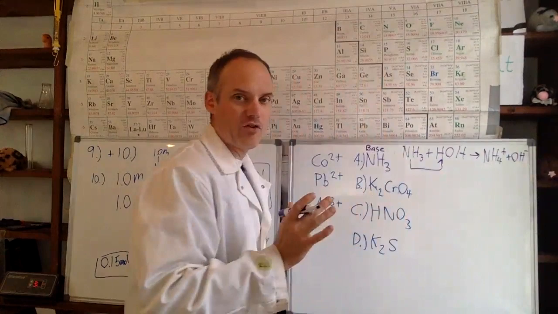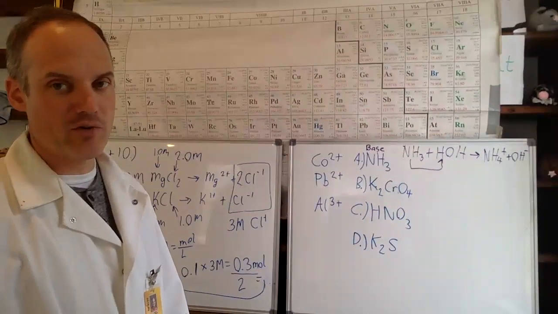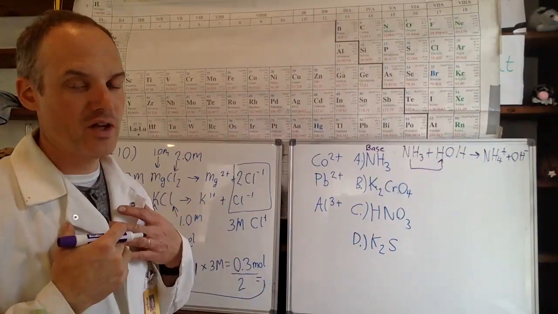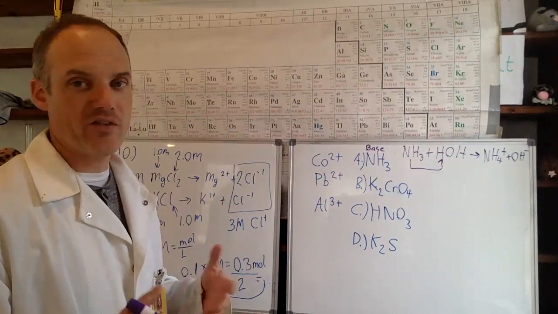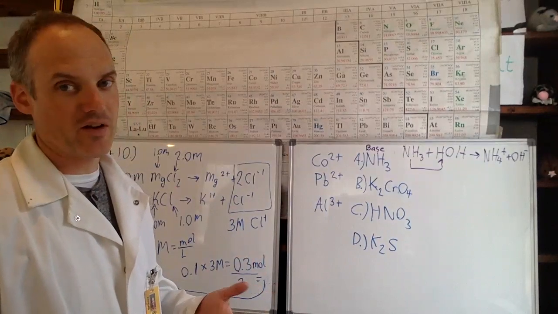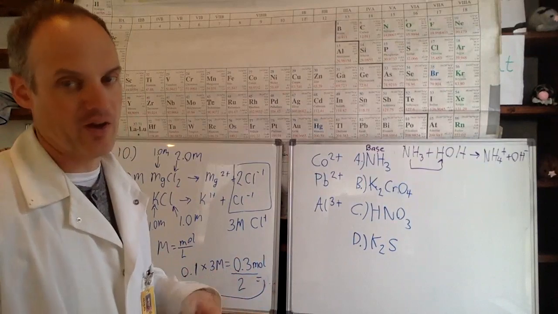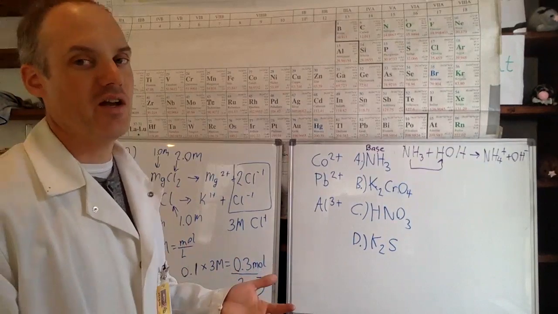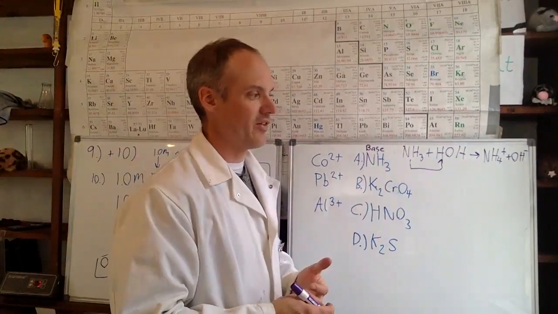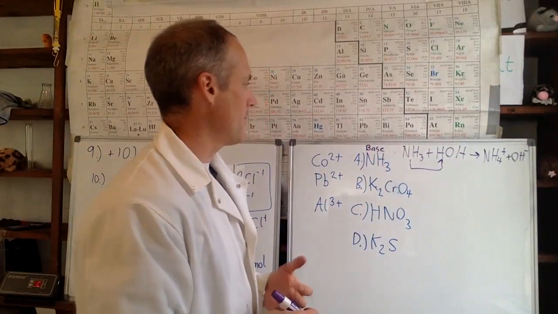So you end up with a hydroxide that's being produced. So it itself isn't a base. It just makes the solution basic, thus being a base, right? It's acting like a base because it's having these hydroxides develop, okay?